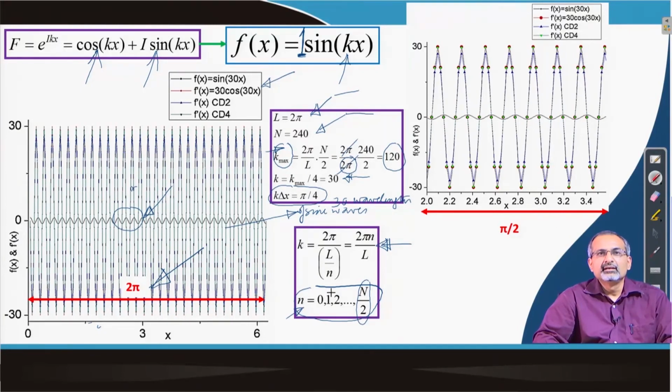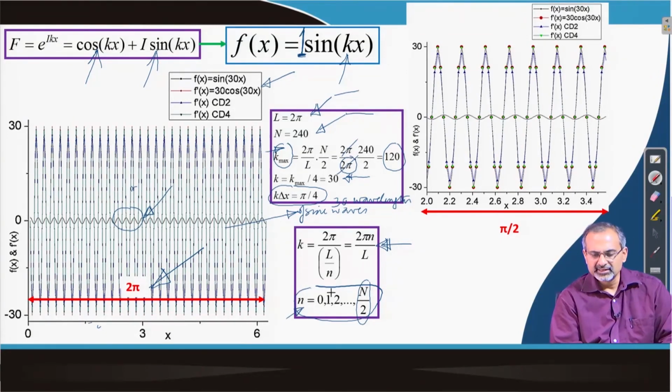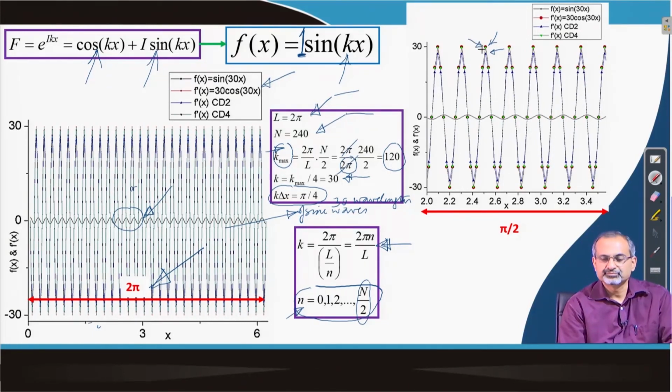So, we are having an anticipation that the schemes will do reasonably well in capturing the derivative for this value of k times delta x. So, when you look at their performance, you can see that the red spots are showing the exact values, the blue spots are showing the CD2 values, and the green spots are showing the CD4 values.